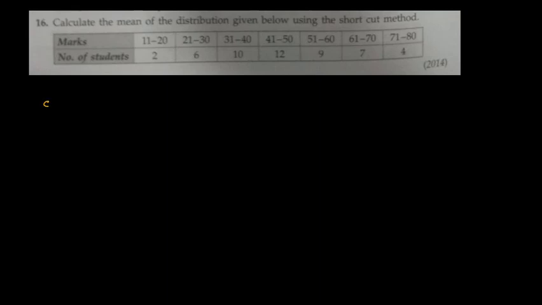Again, the first column is class interval. Here it is 11 to 20. Now if you see, this is not continuous. Then 21 to 30, 31 to 40, 41 to 50, 51 to 60, 61 to 70, and 71 to 80.